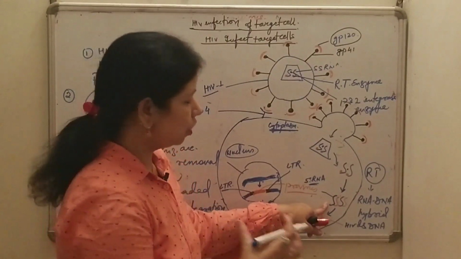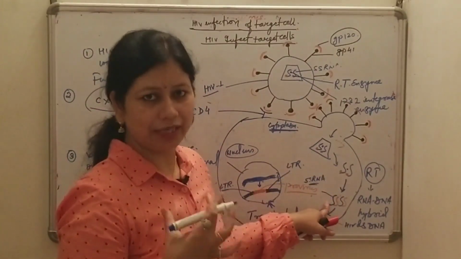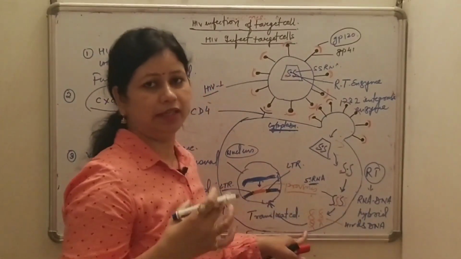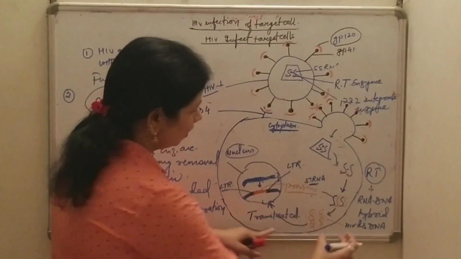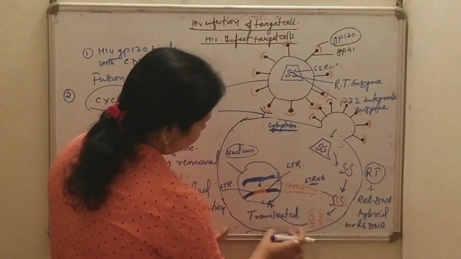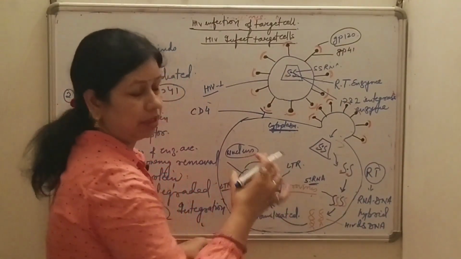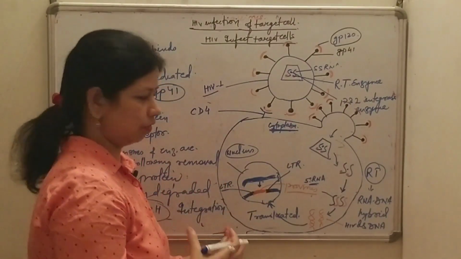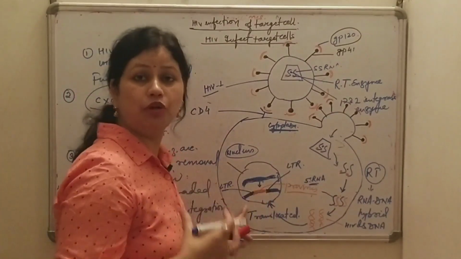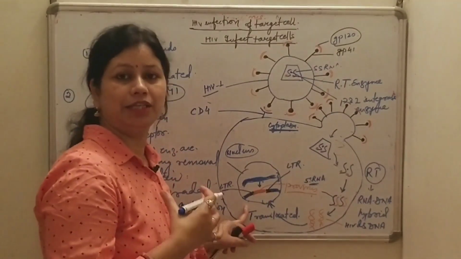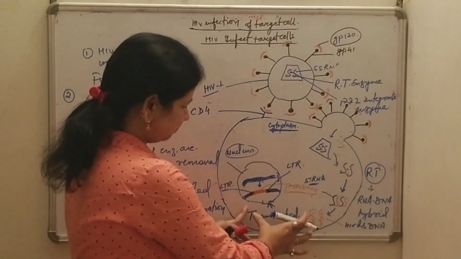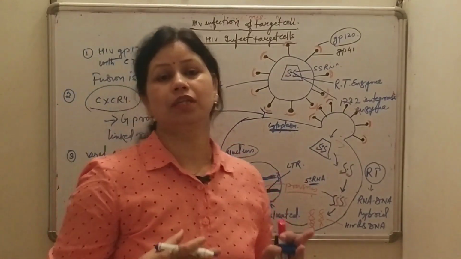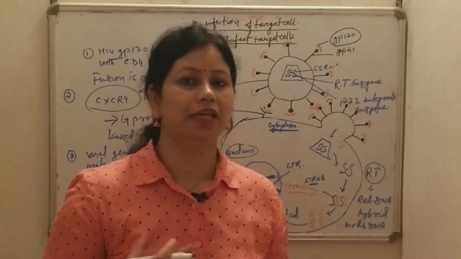The original single stranded RNA template is degraded by ribonuclease H, and so the HIV double stranded DNA molecule is formed. This double stranded DNA gets translocated to the nucleus and becomes integrated with the host cell genome. This provirus remains latent until events in the infected cell trigger its activation. So this is all about how HIV-1 infects the target cell.